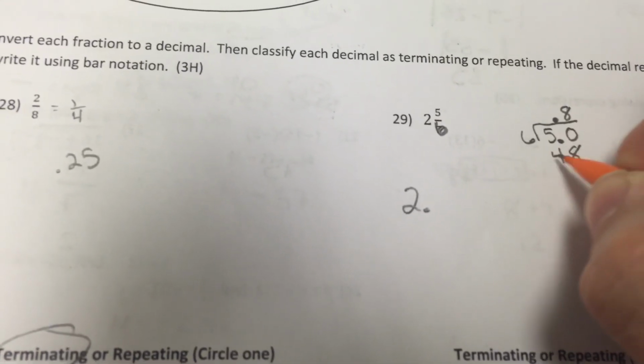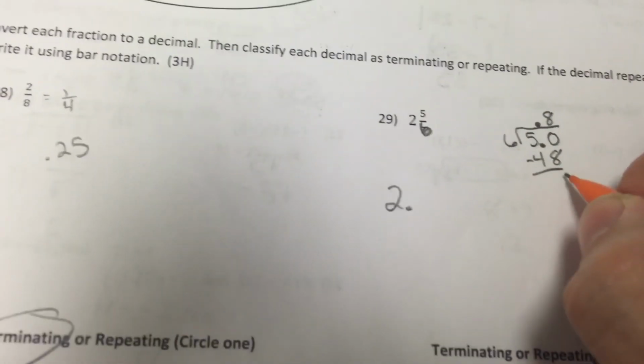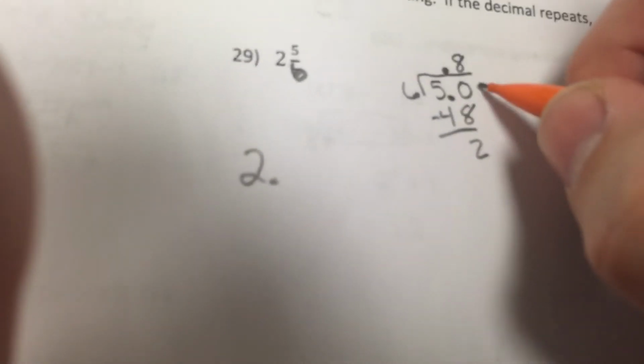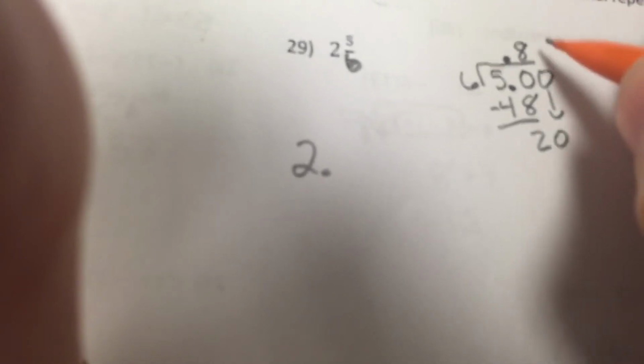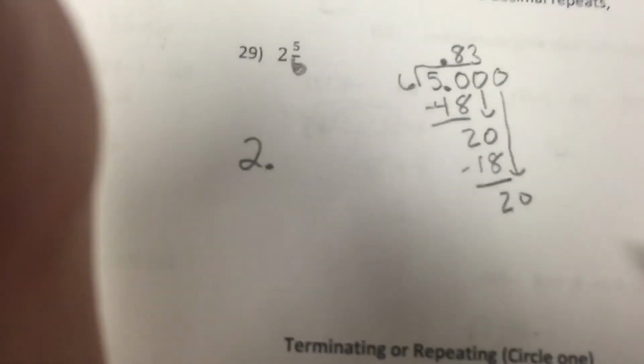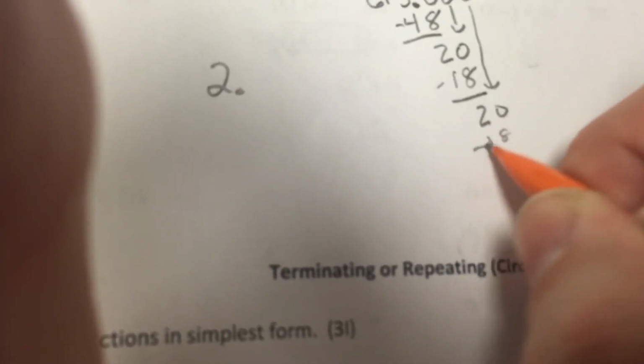6 times 8 is 48. 50 minus 48 is 2. No, I still have to go. That's not a 0. So I add a 0, bring it down. 6 goes into 20 3 times. 3 times 6 is 18. I subtract. 20 minus 18 is 2. And now I see a pattern. Every time from here on out, I'm going to end up with this 3 that gives me the 18.